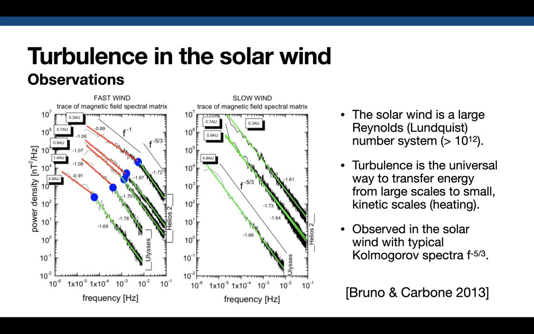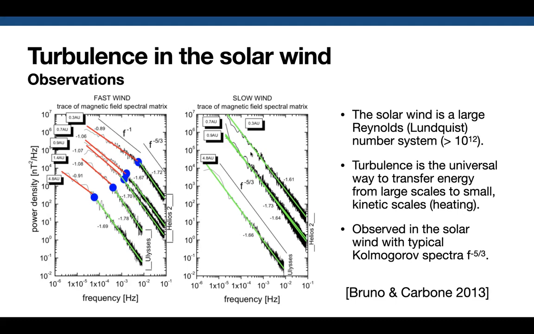So first, what we notice is this range in green for both slow and fast wind, where you have essentially slopes that are close to f to the minus 5/3 or perhaps f to the minus 3/2, which are essentially what we expect from a Kolmogorov phenomenology or Iroshnikov-Kraichnan.